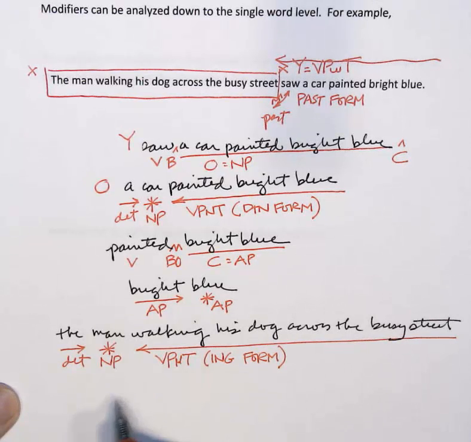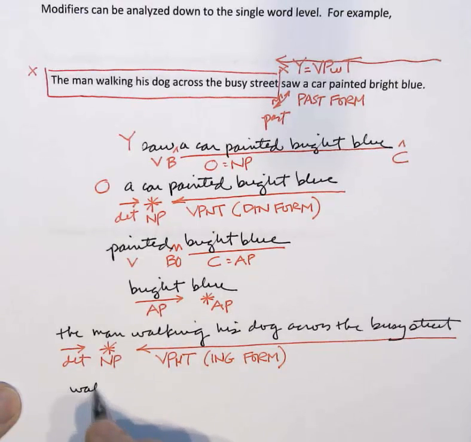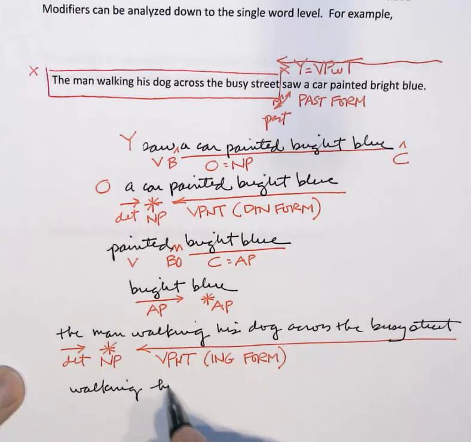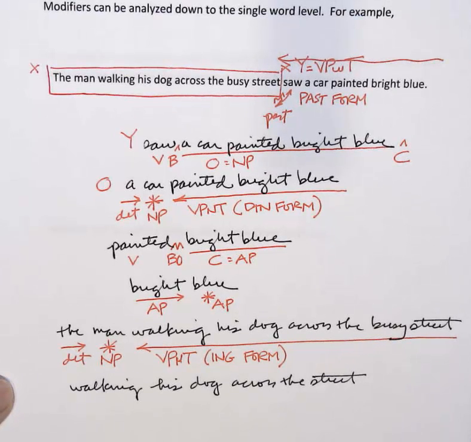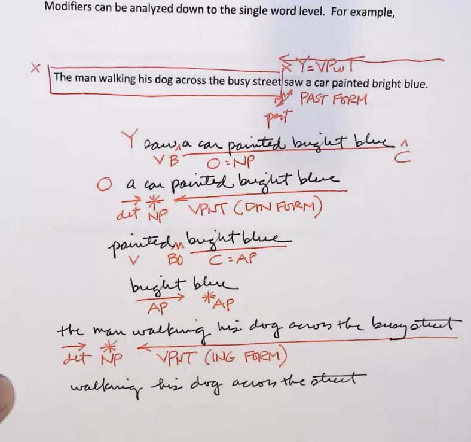Okay. And as a verb phrase, we can also analyze it by rewriting it. Walking his dog across the street. And like all verb phrases with no time, they come from the Y part of a sentence.